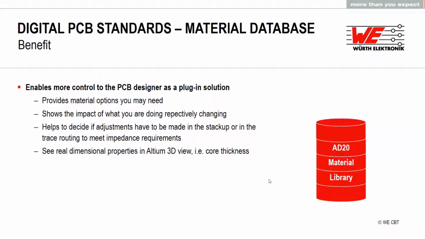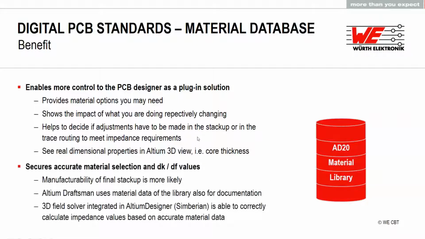You can see all that in the EDA tool in Altium Designer. And on the other hand, it secures accurate material selection with DK/DF values, for example. So manufacturability should be okay if you make a stackup based on this material database.